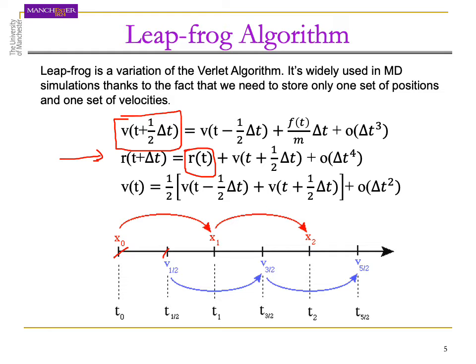Then along the integration, what we obtain is the velocity at the time step 1/2, the velocity at time step 3 over 2, the velocity at time step 5 over 2, etc. Instead, the atoms jump over the velocity, and you obtain the positions at the integer time steps: t0, t1, t2, and so on and so forth.